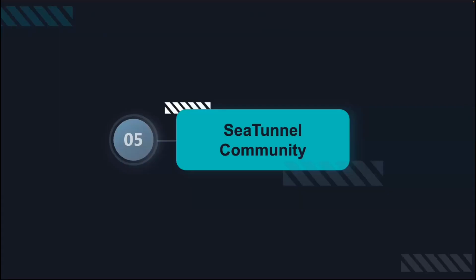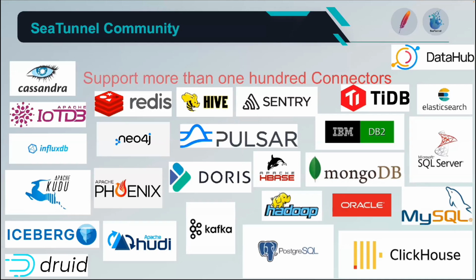With such a powerful ability, how can there be no strong community support? Next, I will tell you about our community development. Thanks to the power of the community, we support more than 100 connectors.